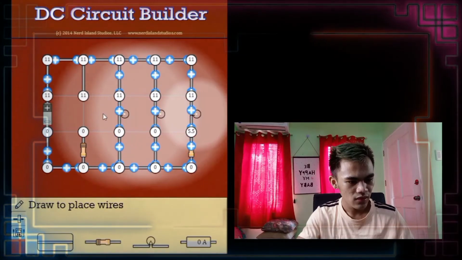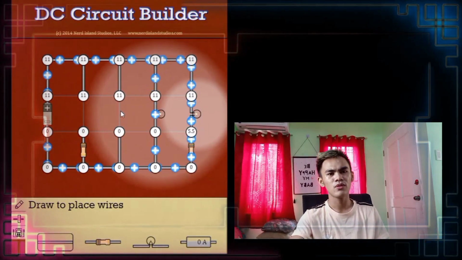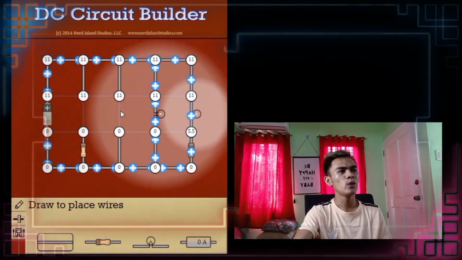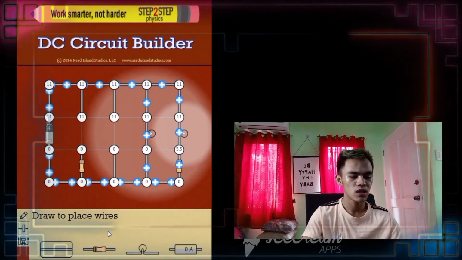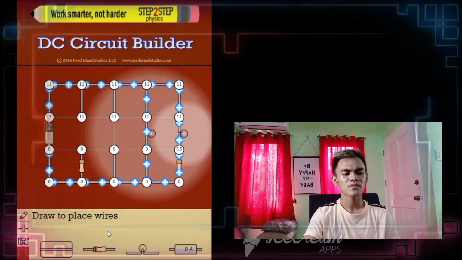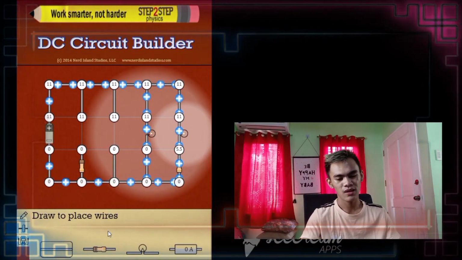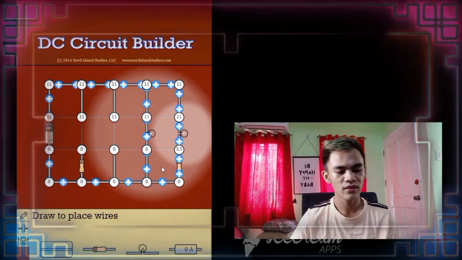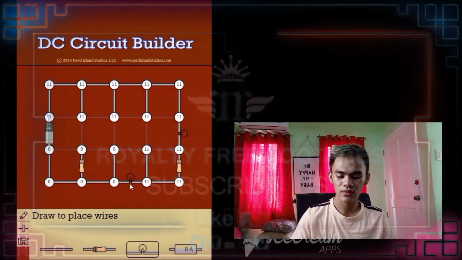This is applicable to our homes. Like when the light bulb of our kitchen is not lighting, the others still light. So that is one of the advantages of a parallel circuit.